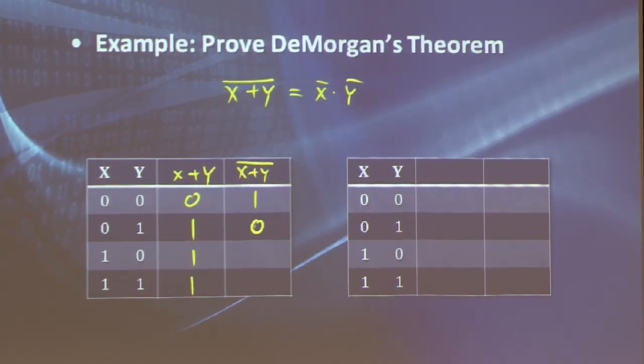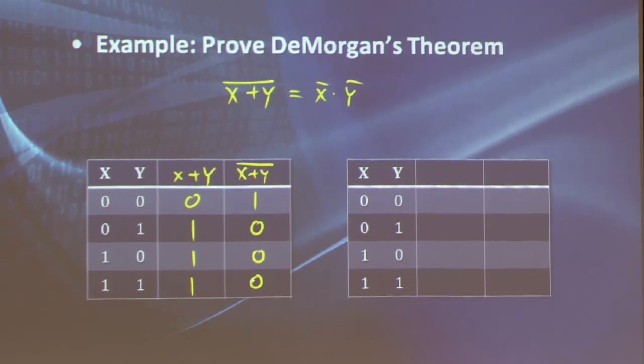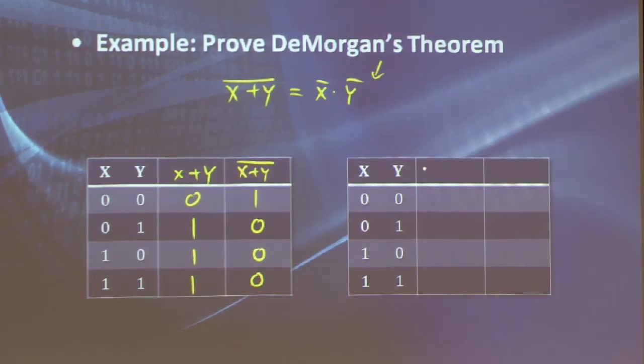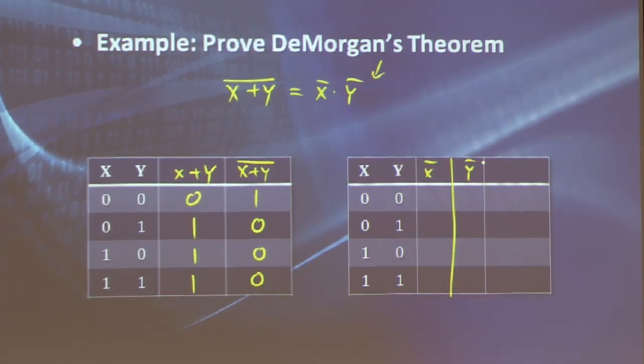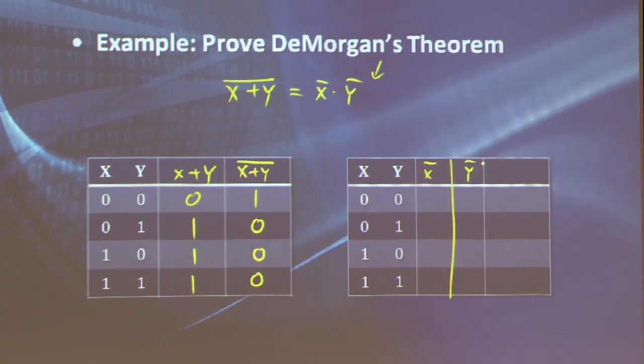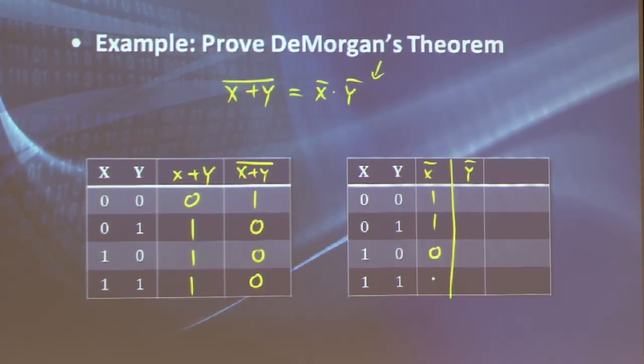So the inversion of this will give me this. On this table here, I will try to come up with, actually, let's do it like this. Not x and not y, so that's just the inverse of x and y.